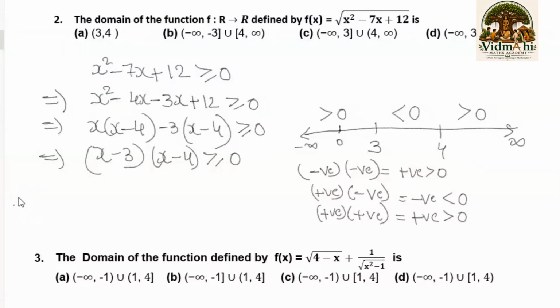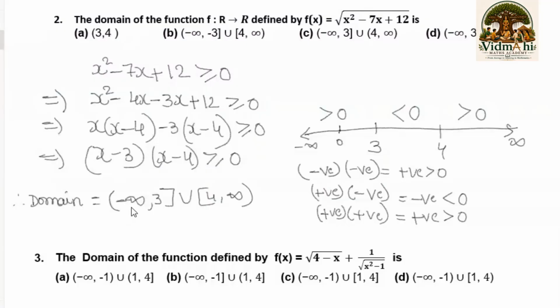So therefore the domain of this function is minus infinity comma 3, including 3, closed interval 3, because here the greater than or equal symbol is there, union 4 comma infinity, 4 is included, that means closed interval 4 comma infinity.